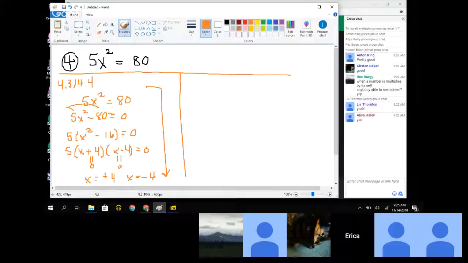So today in section 4.5, we're going to talk about using square roots to solve. Square roots to solve only works when there is no middle term.